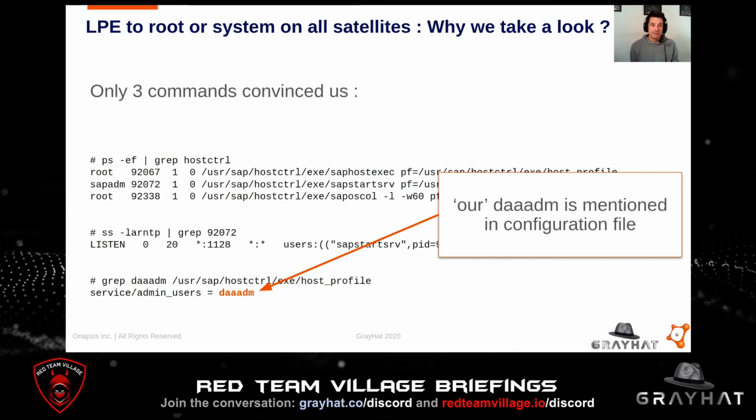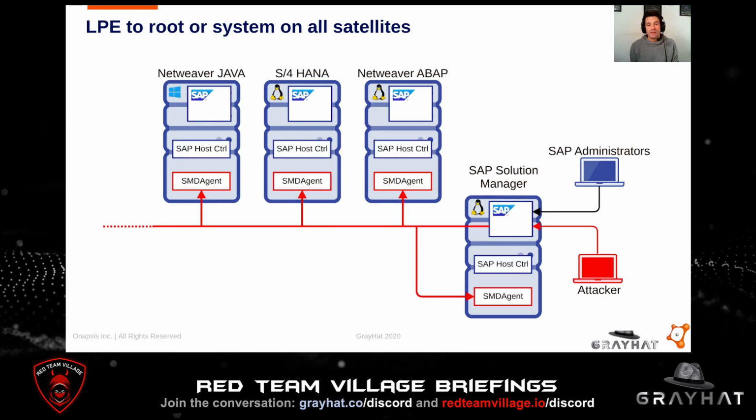And in this configuration file, it's listed in the parameter named service admin user. And it means what? We looked at the documentation very quickly, and it means that this parameter lists the local user able to communicate with this SAP host Agent. So, okay, a lot of green lights, so let's jump.